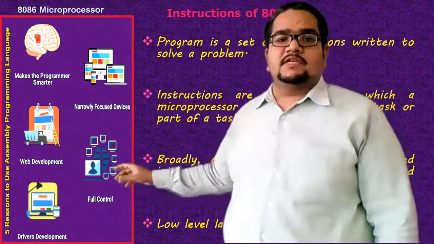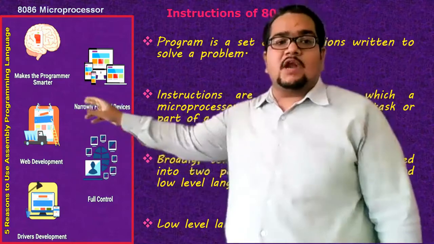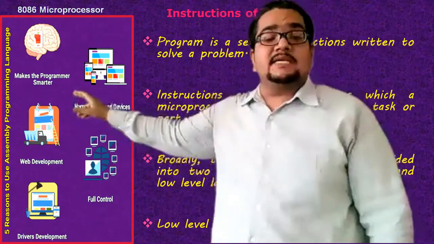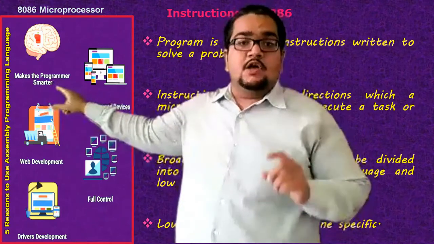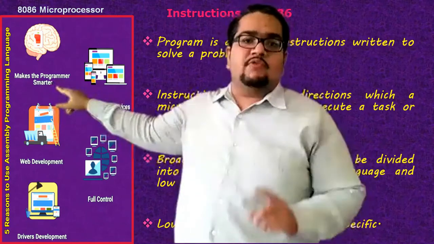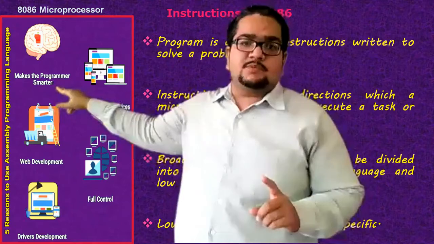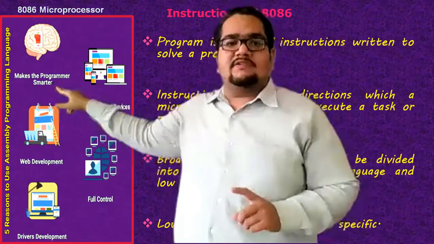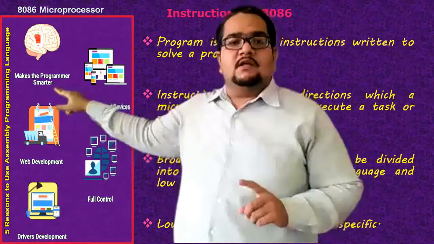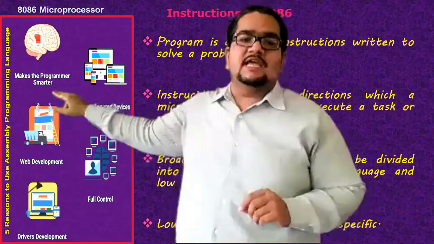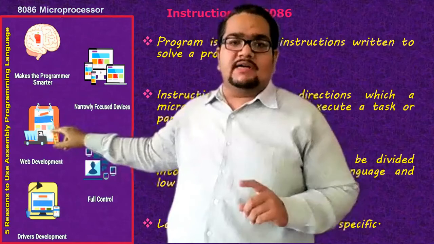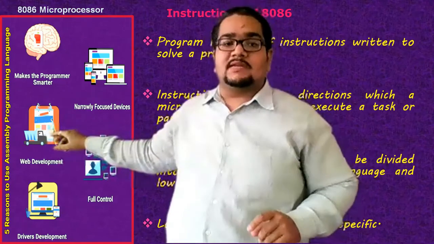It makes the programmer smarter, because assembly language instructions are hardware specific, processor specific. You have to do more logical thinking while writing an assembly language program than in other higher level languages. There are disadvantages also of writing assembly language programs, which we will also see. Anyhow, these are a few advantages of programming in assembly language.